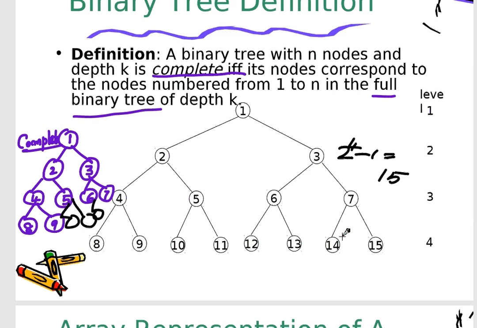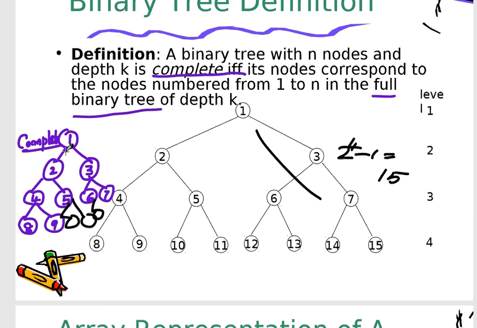So if you are representing the fully binary tree, it will be numbered like this. So you will get 1, 2, 3, 4, 5, 6, 7 and up to 15. So it is numbered according to this.